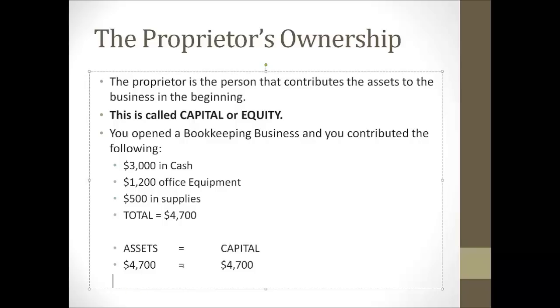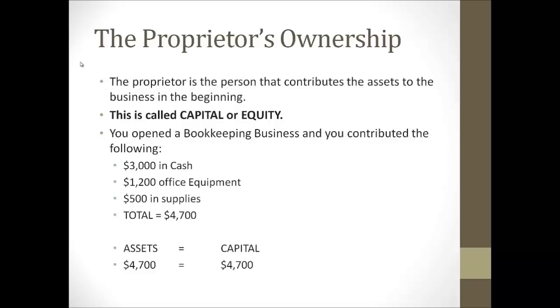when there is nothing other than the assets of the business and the capital of the owner. It is said that whatever assets are in the business are the same as the ownership of the business.